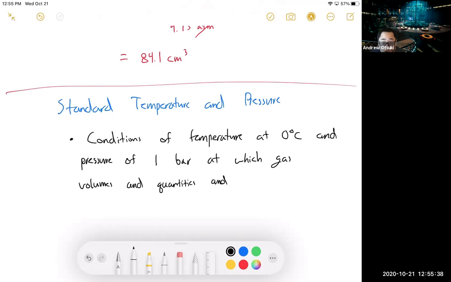Oh, sorry, that doesn't make sense. What I meant to say is are measured and or compared. Sorry, guys.